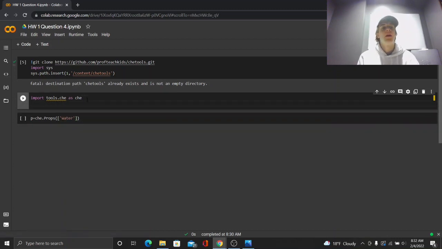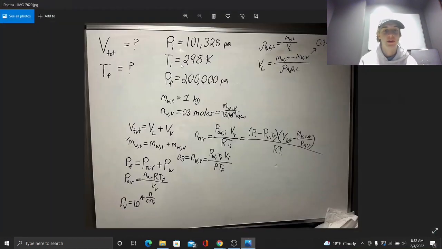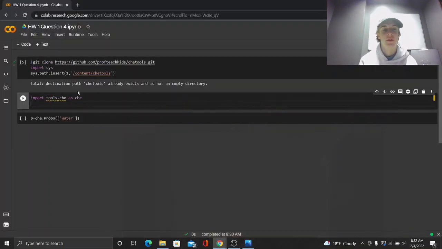And then we are also going to need to download SciPy's root solver, since we know that we're going to be solving two equations with two unknowns. So from scipy.optimize import root.